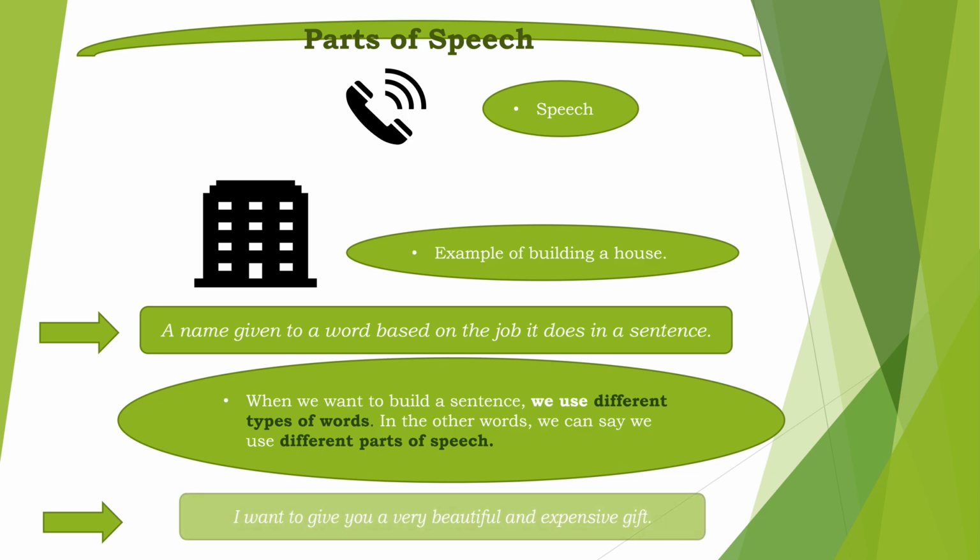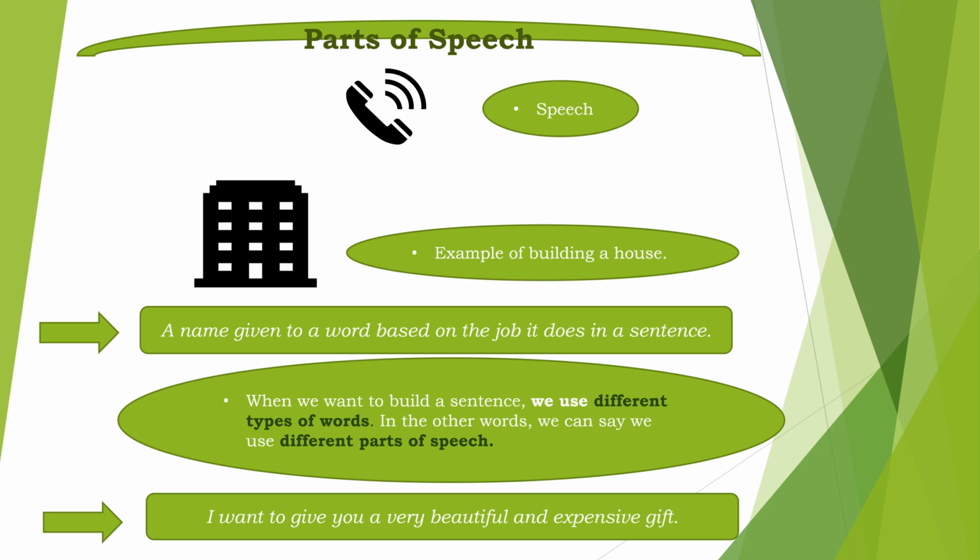Let's have a look at this sentence. I want to give you a very beautiful and expensive gift. Now, this sentence has a lot of words in it. Every single word has its own function.